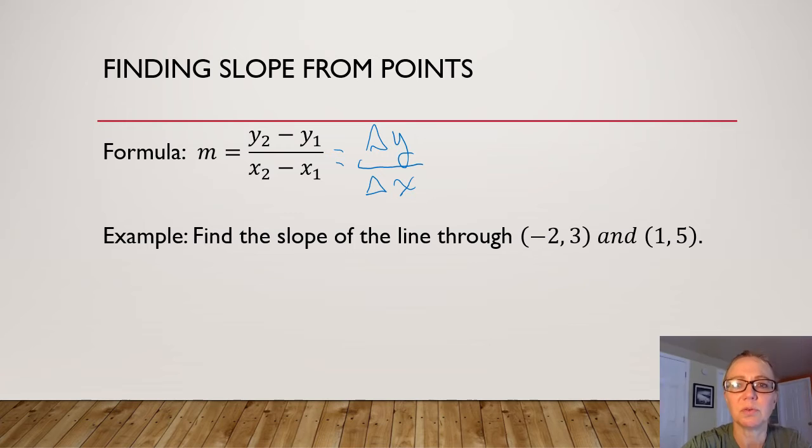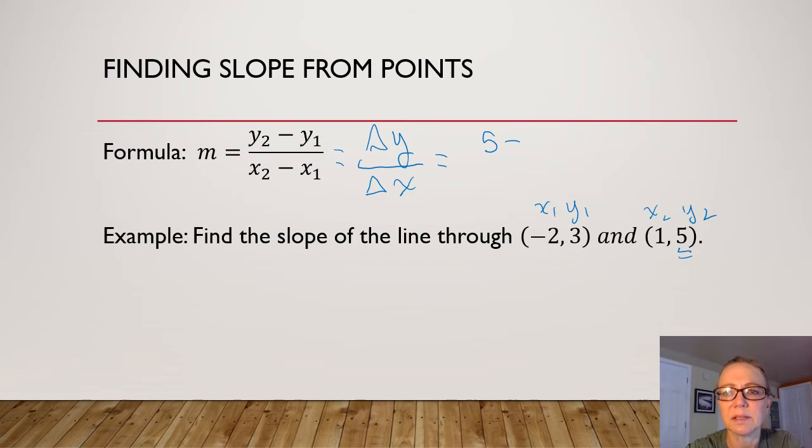Now, it may help you to first label your points x1, y1, and x2, y2. Remember, an ordered pair is always x, y; x, y. We're going to start with the y2, which is 5, minus y1, which is 3. We're going to divide that by x2, which is 1, minus x1, which is -2.